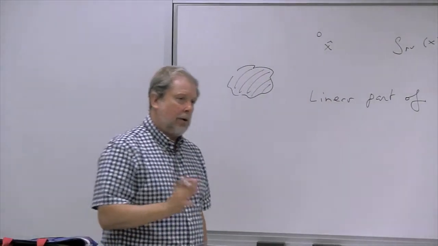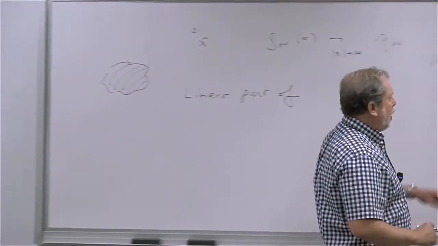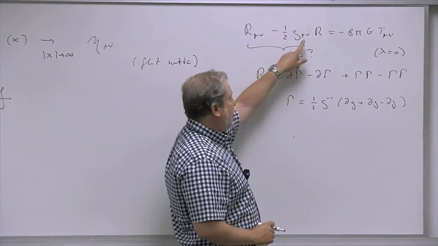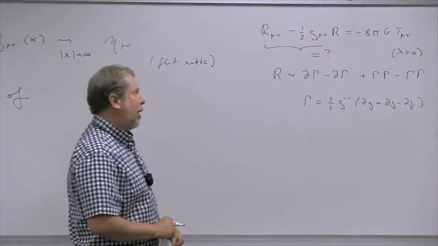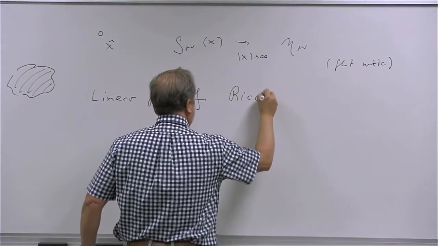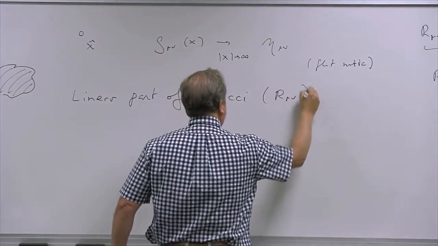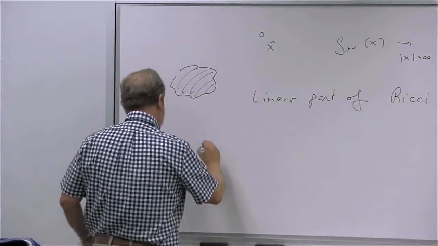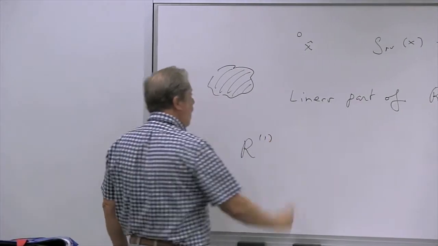That's the dominant term when h is weak. What we need to look at is the linear part of the Ricci tensor, because the other part is just a contraction, so we can do that easily. So the linear part of Ricci, R_mu_nu, we're going to give a name and call it 1.